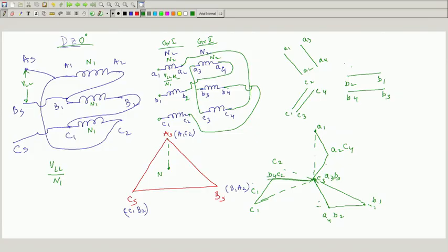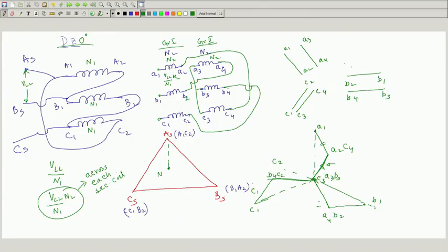So, I know the length of each phasor here to be VLL by N1 into N2 across each secondary coil, that is, the voltage here is VLL by N1 into N2. So, the lengths of these are known.